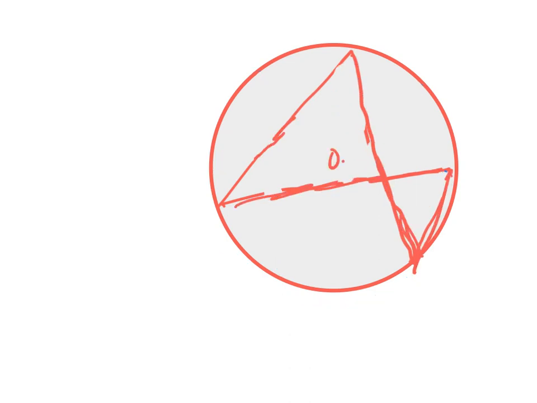Okay, so first step that we need to do is draw in our center O of the circle and connect it to the 2 points right here that these angles share. Now, from what we just learned, we know that the central angle, which we call this blue angle, is always 2 times the inscribed angle, which we call that right there, if they share the same arc.